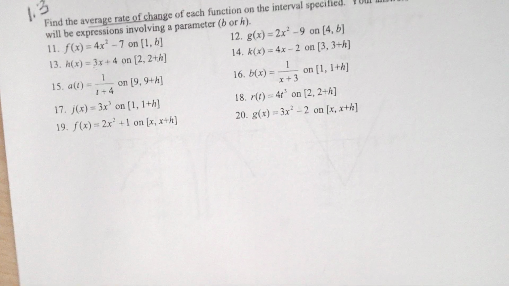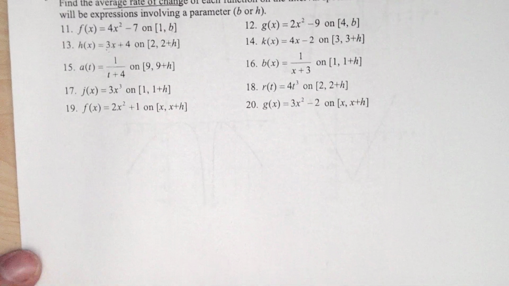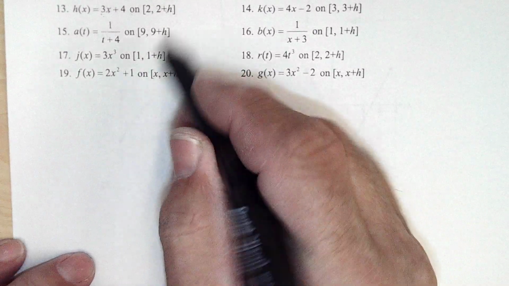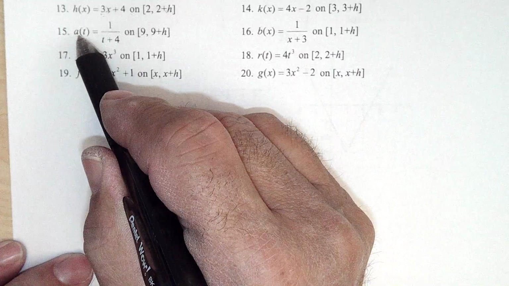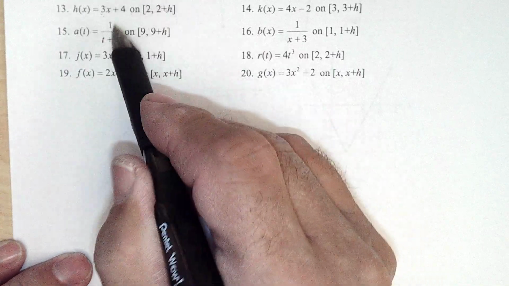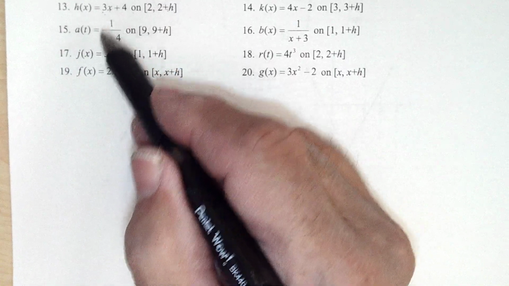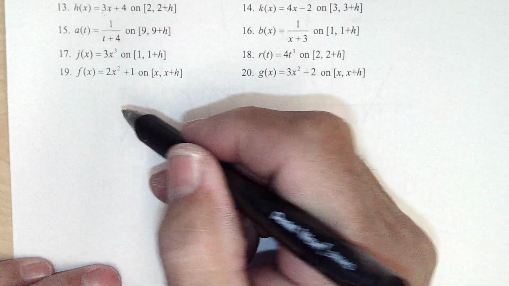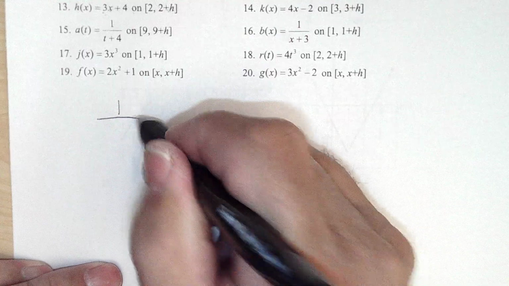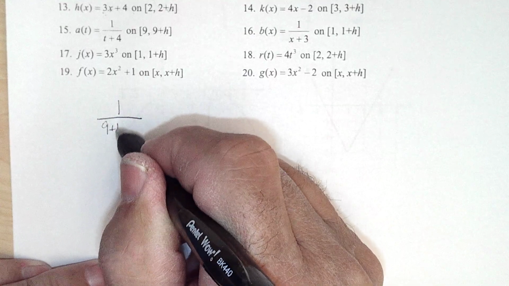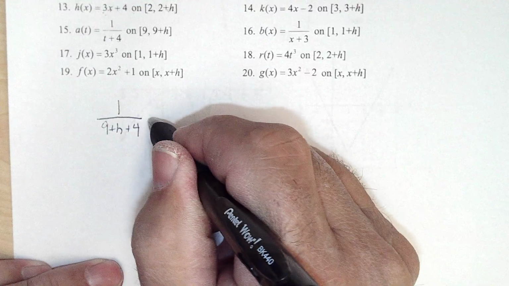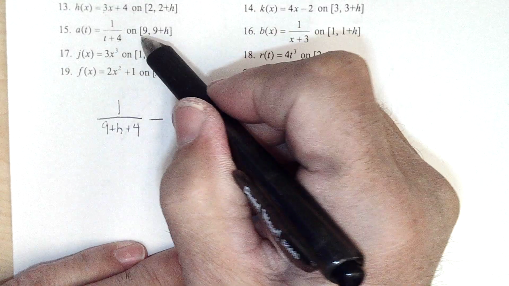Okay. Now, 15 is a little more complicated. The algebra gets a little messy. So to get y2, we put 9 plus h, excuse me, into the function. So we get 1 over 9 plus h in for the t plus 4 minus y1.